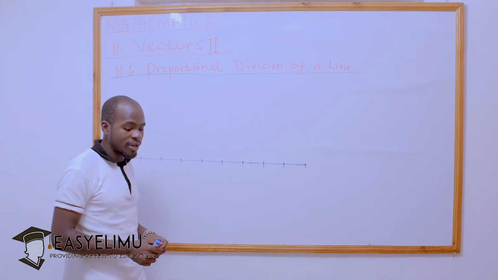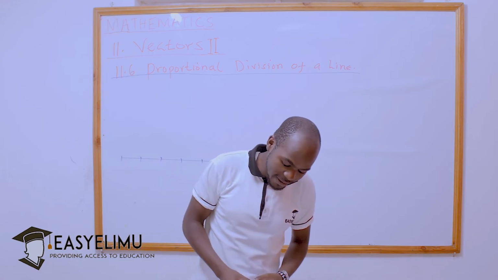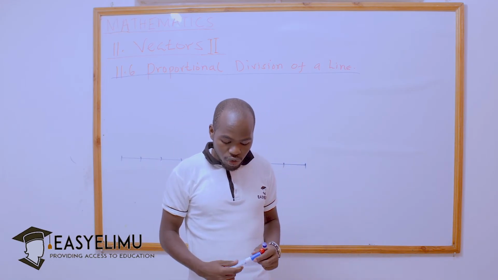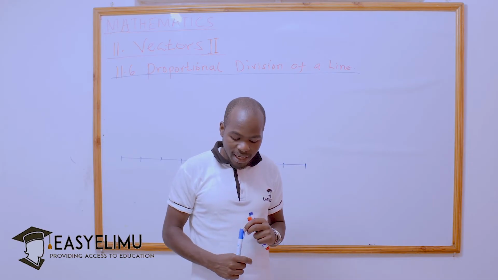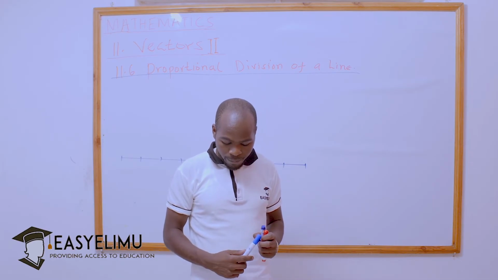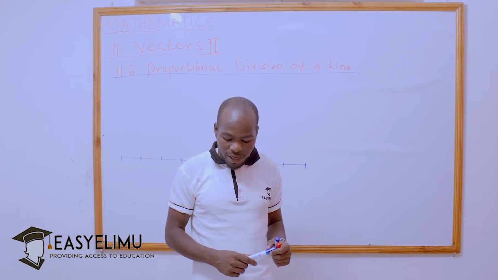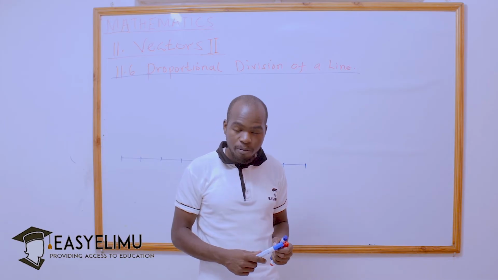We are going to work out an example. A point P divides a line AB in the ratio 3 to 2, and a point Q divides line AB externally in the ratio 7 to negative 2. Draw a sketch showing points A, B, P, and Q, hence determine the ratio in which Q divides line PB.